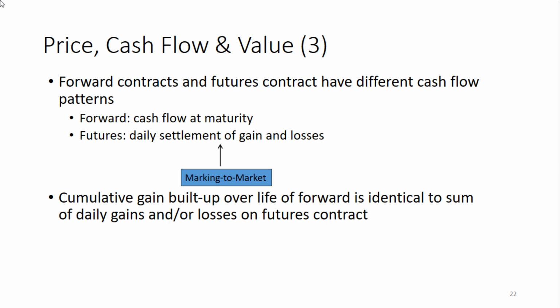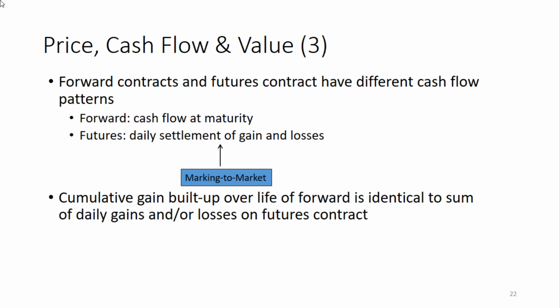Then the old futures contract will no longer apply, but there will be a new futures contract instead, which has the same remaining time to maturity, but only the price will change. So there will be an adjustment for the price that will be agreed upon for the future on a daily basis. At the same time, with the marking to market, the profit or the loss that has already been gained or lost is also settled on a daily basis.